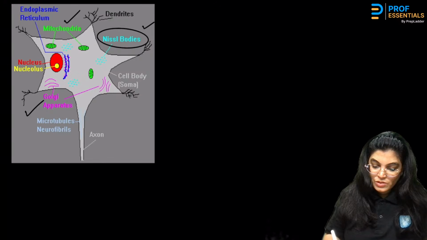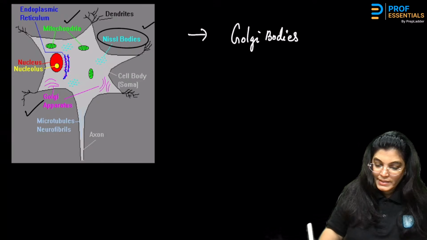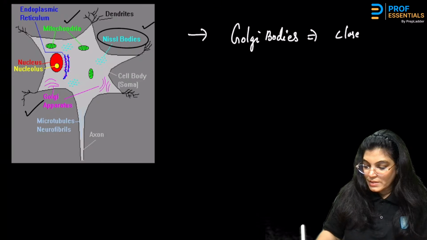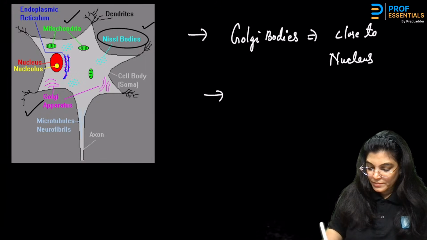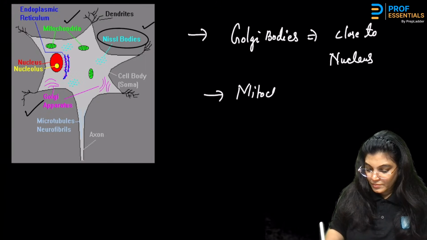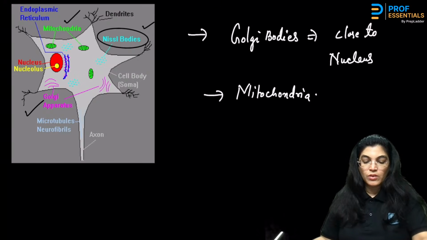So the Golgi bodies are located close to the nucleus, and the cell also contains mitochondria.